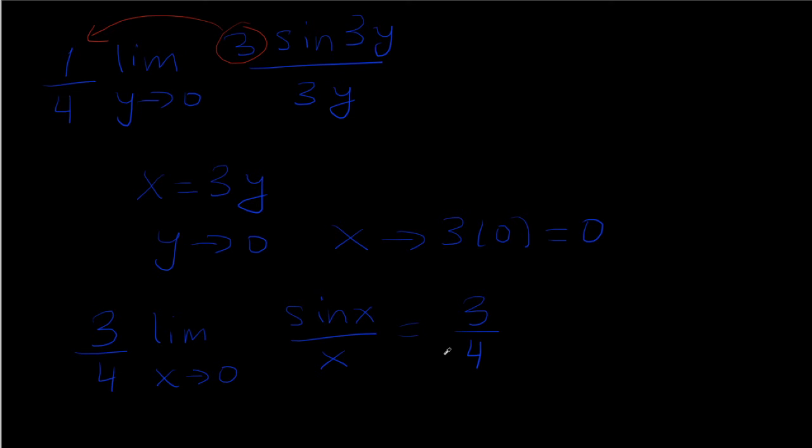Okay, let's do another one. We have the limit as h approaches 0, now this time from the left, of h over sine 3h. Ideally, I would love to have a 3h at the top.